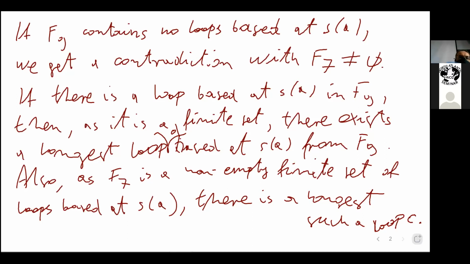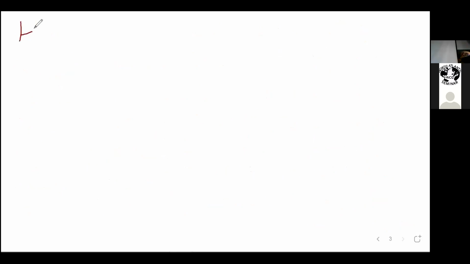But hence, CD, of course, loops based at the same point compose. CD is a loop. Remember, a loop is of length at least 1.